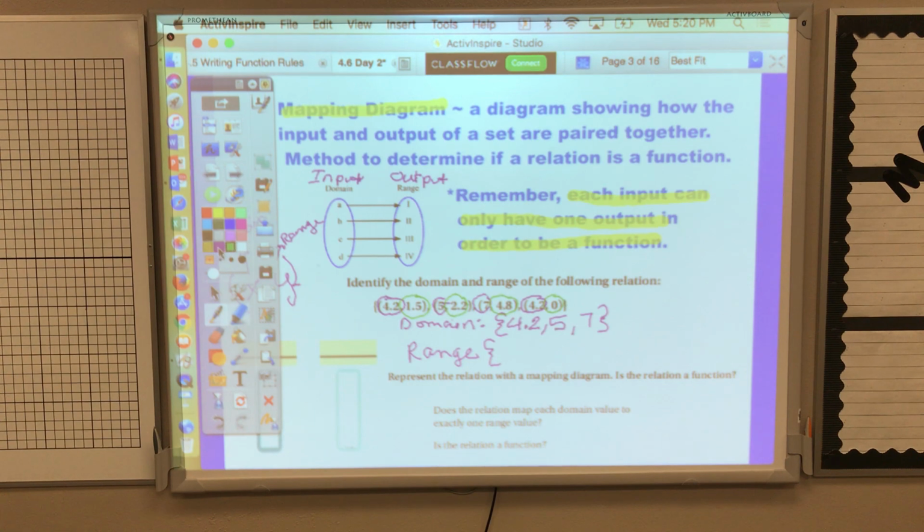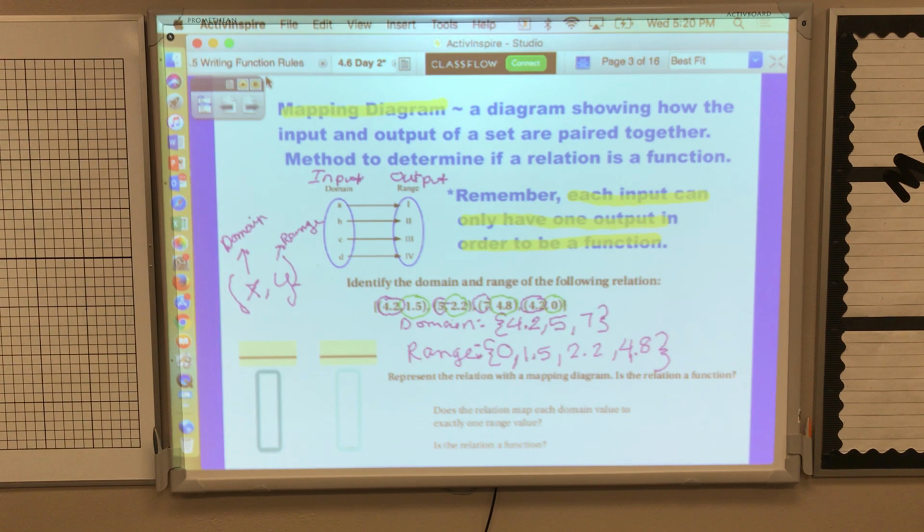My smallest range number is 0, so that one's first. The next one is 1.5. The next one, make sure you can tell commas here, is 2.2. And the biggest one is 4.8. None of them repeat, so I'm going to write them all down. That's the end of my set, so I need to put the braces there. So domain versus range: your x's versus your y's.